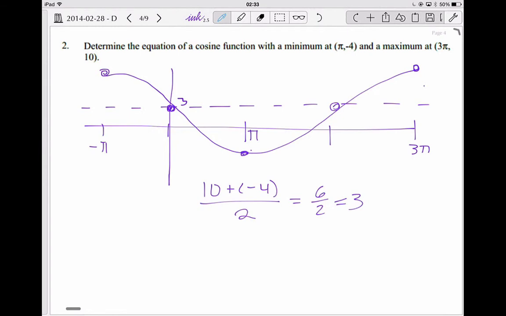So let's see, I can say that the amplitude, well, 3 to 10, that would be 7. And my period is 4 pi. A cosine function. Okay, let's talk about our vertical transformation.